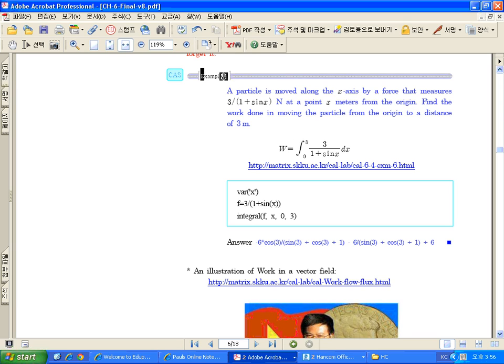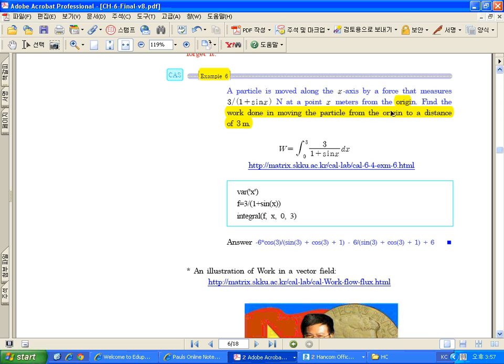Here's the last example with the computer algebra system. A particle is moved along the x-axis by a force that measures 3 over 1 plus sine x Newtons at the point x meters from the origin. Find the work done in moving the particle from the origin to a distance of 3 meters.